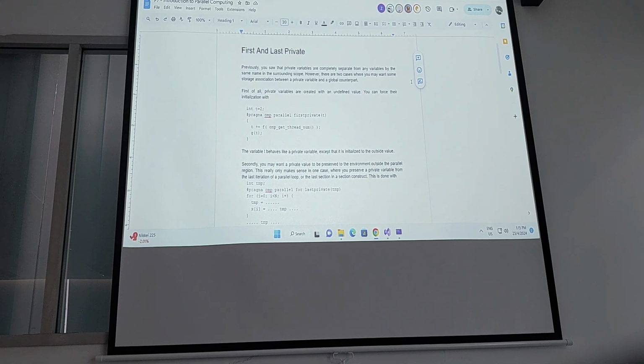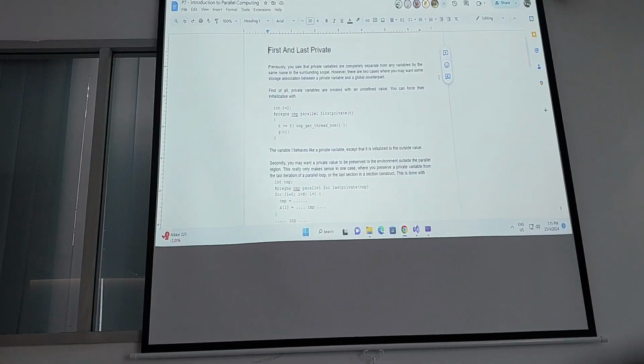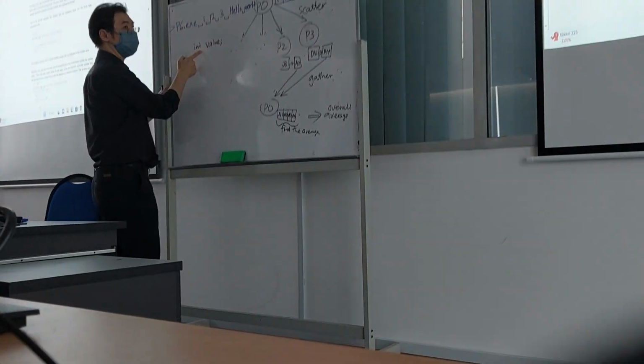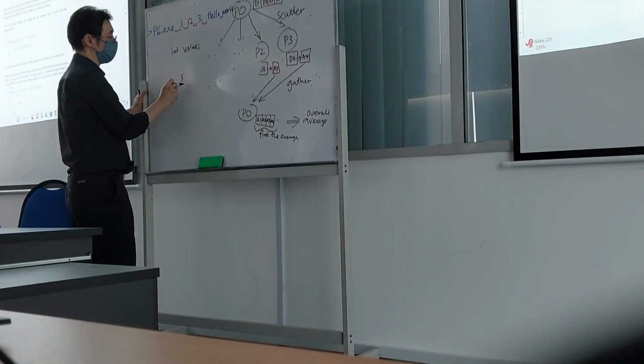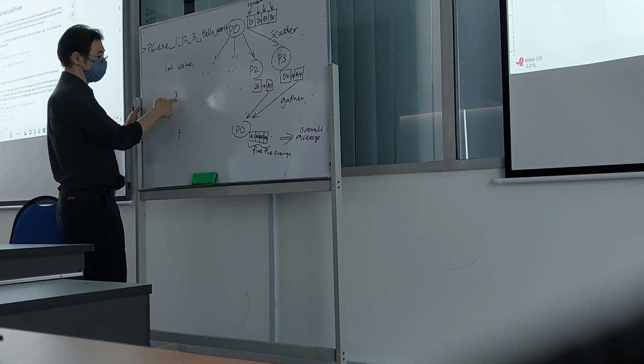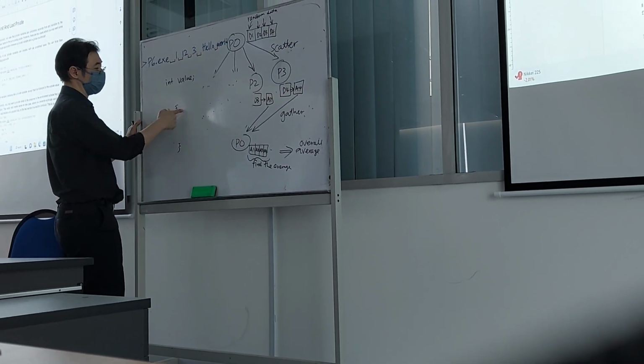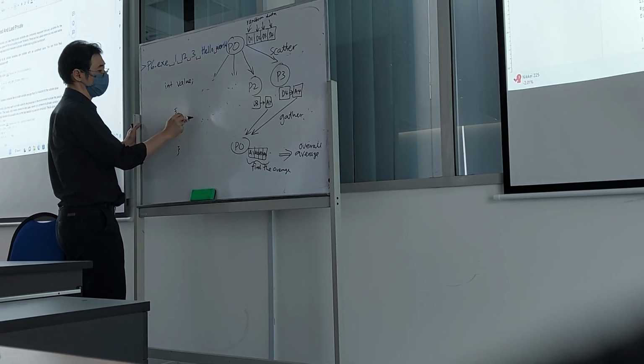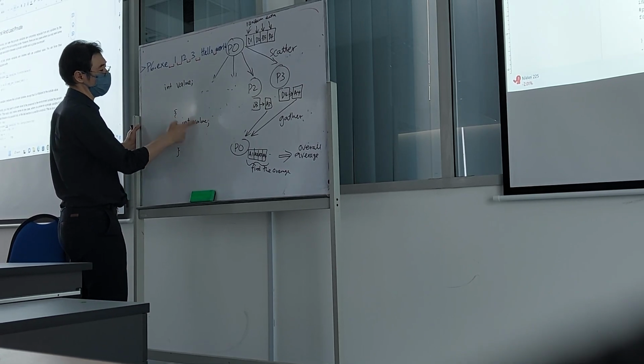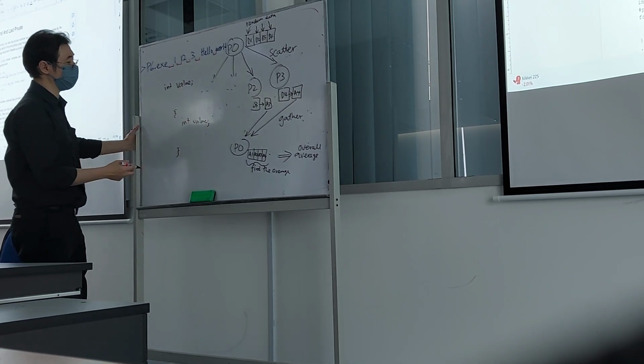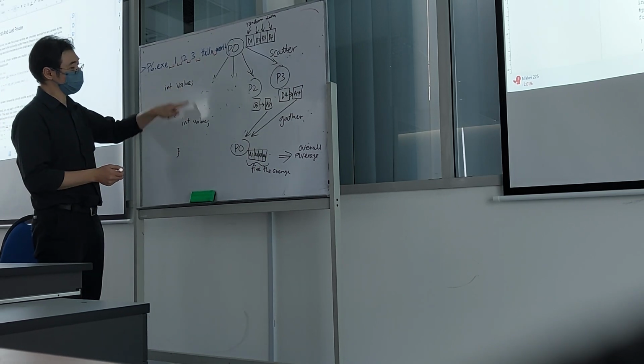What it means is this. Let's say, for example, you have a global with the same name. Let's call it value, an integer, in global, and then you have a private one. The private one is in this scope here. So even though the name is the same, this is global, this is private.